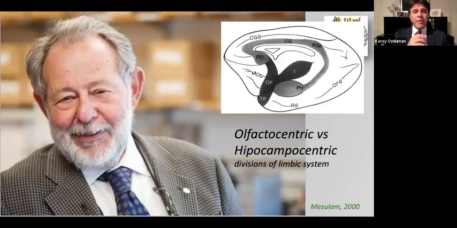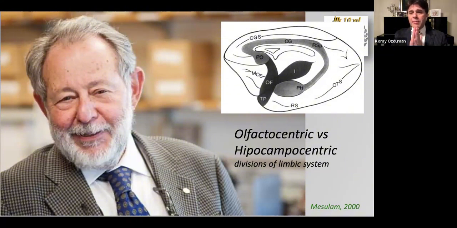After him came Marcel Mesulam. Marcel Mesulam is a very important neurologist who worked very much on language problems in humans. He defined these two areas, two belts of the limbic system. The first part of these belts he called the olfactocentric portion.